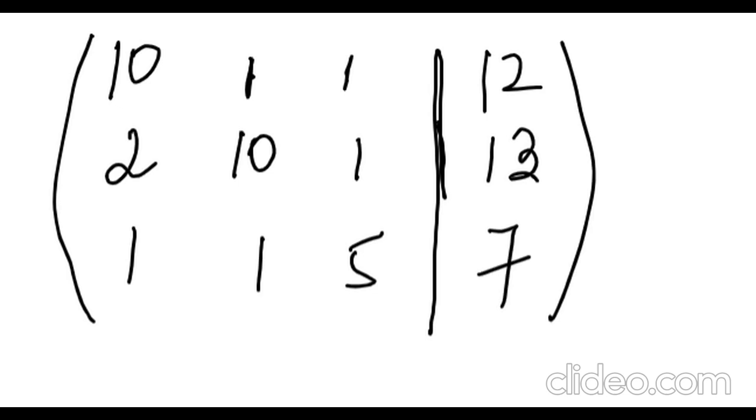And I'm going to make this matrix a diagonal matrix using the row operations.